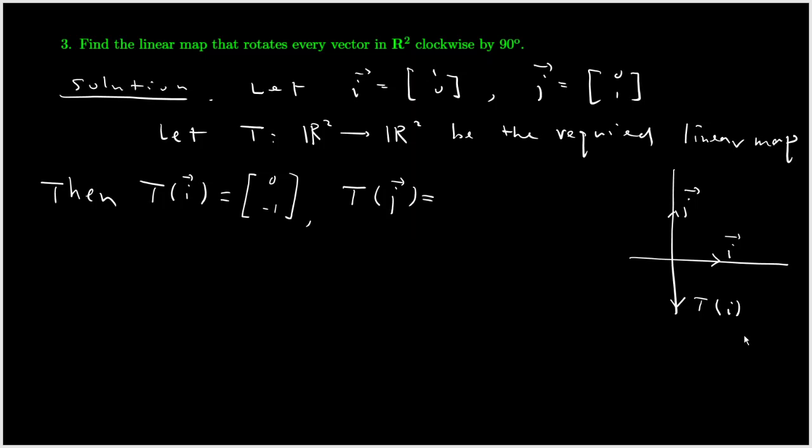I'm looking for the output for the input of j. j is (0, 1). So try again. j has the components 0, 1. If you rotate j clockwise by 90 degrees, the output is (1, 0), right?